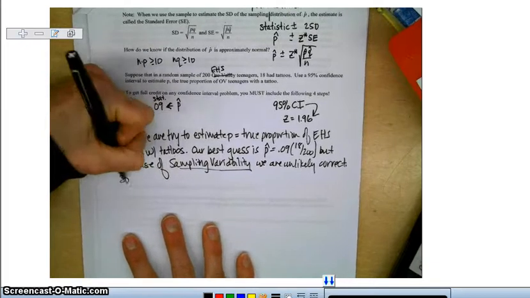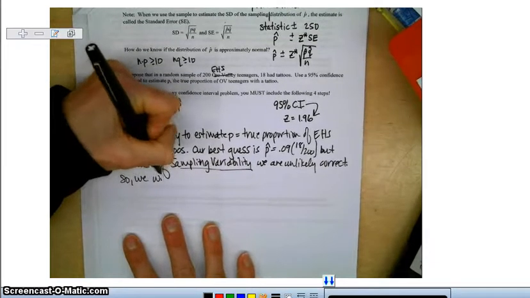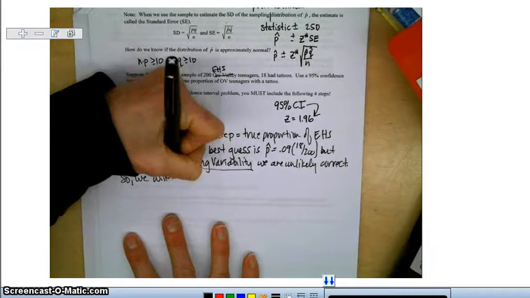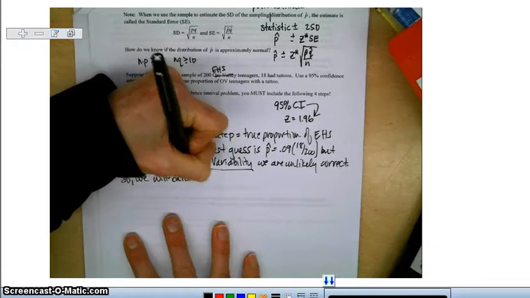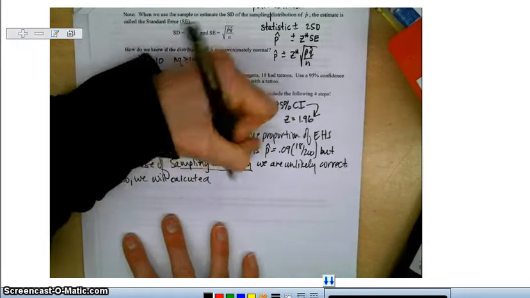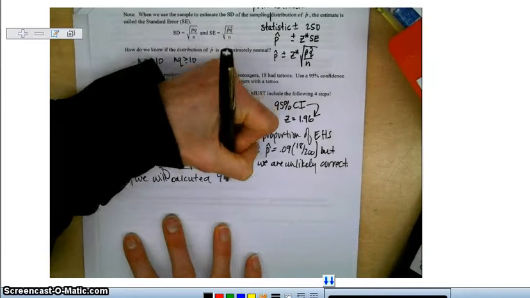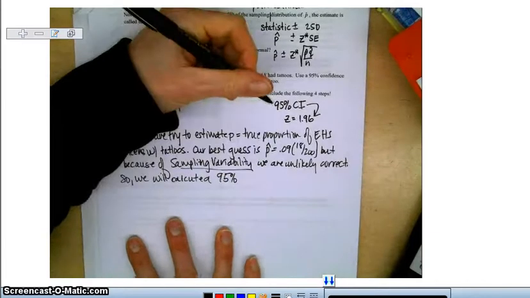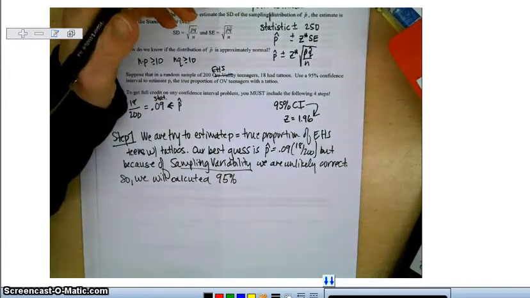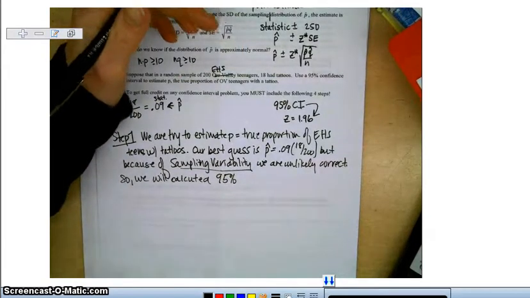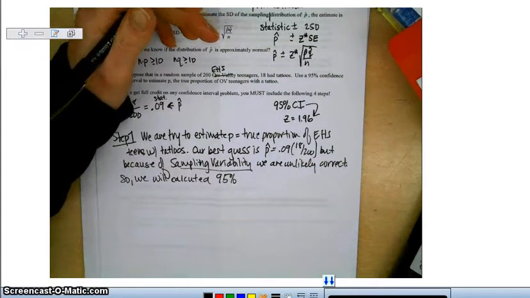So we will calculate a 95%. Okay, now we need to say what type. You can't just say 95% confidence interval. We have to say what kind of interval.